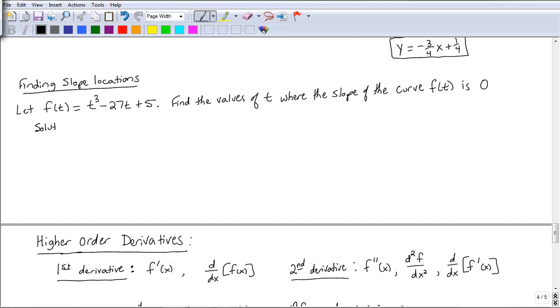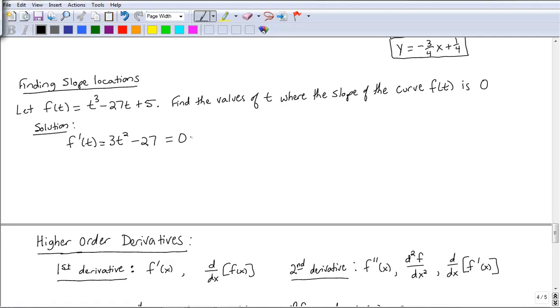In this case, it's 3t squared minus 27. That's the derivative, which equals the slope of the tangent line. I want to figure out where the slope of the tangent line is 0, where the derivative is 0.